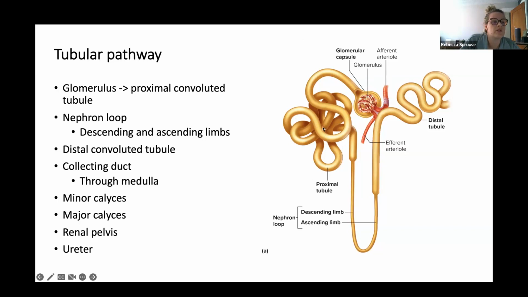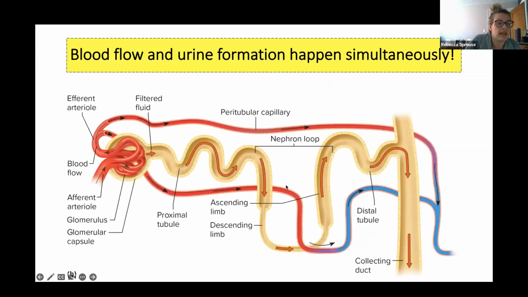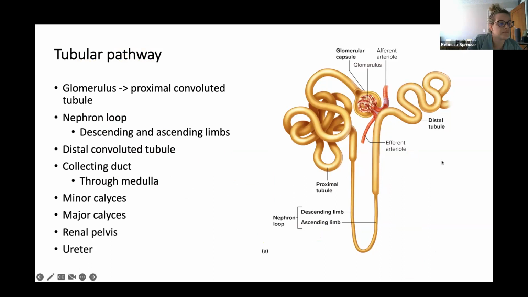So proximal convoluted tubule, then we enter this structure. We go down the descending limb, around the nephron loop, and up the ascending limb. And then after the ascending limb, we enter this distal convoluted tubule. And then after that, we enter what's called a collecting duct here.